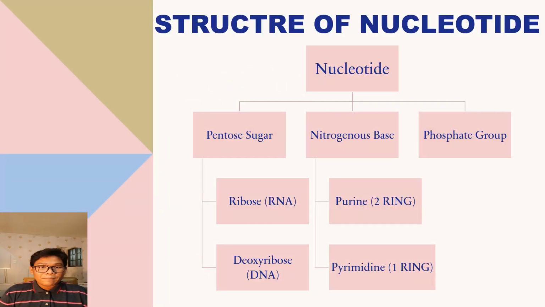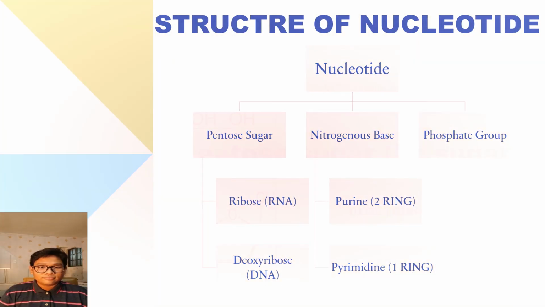A nucleotide consists of a pentose sugar, a nitrogenous base, and a phosphate group. There are two pentose sugars, which are deoxyribose and ribose, while there are two nitrogenous bases, which are purine and pyrimidine.